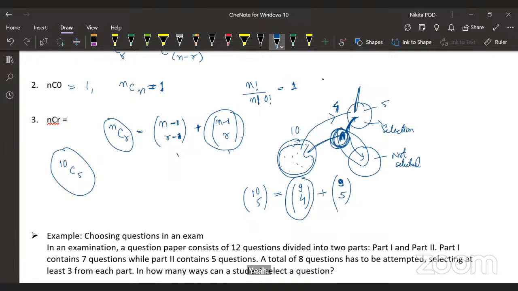Now let's say A was not selected. Then A will come here, and still I have 5 places to fill. And I have 9 objects left. So 9 choose 5.